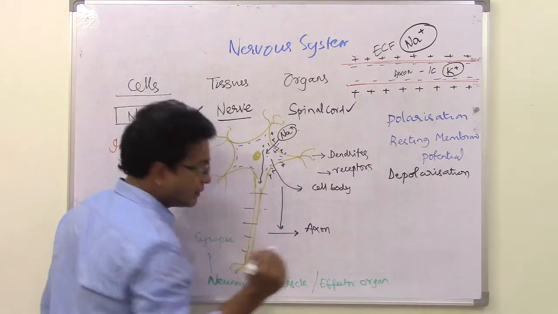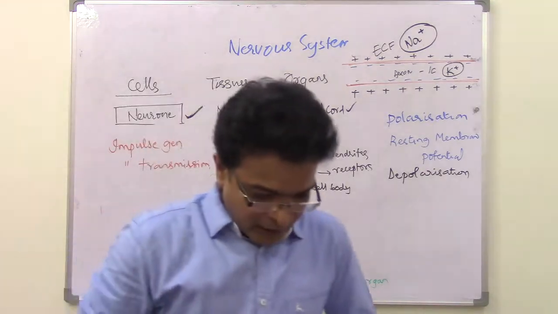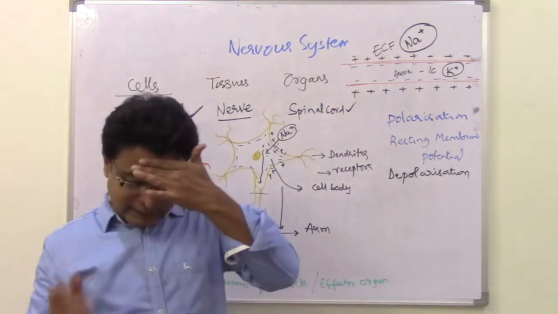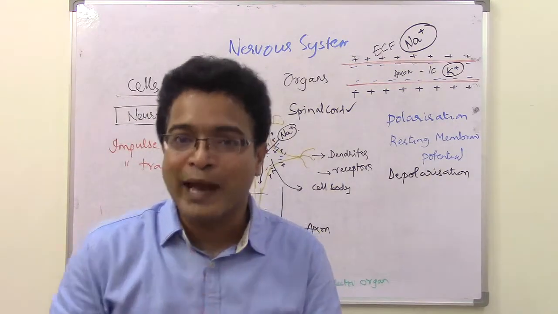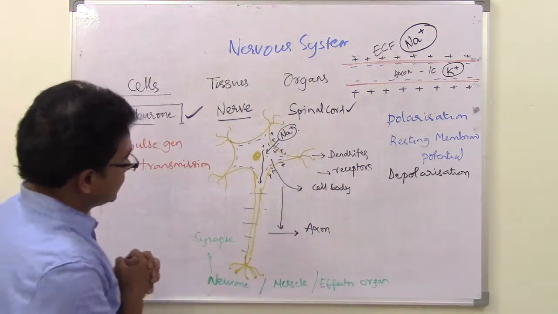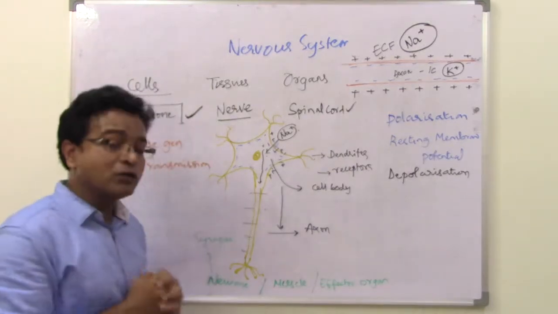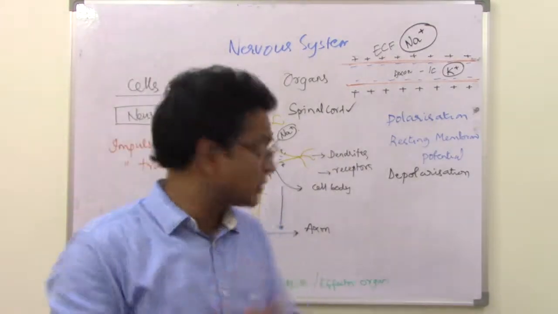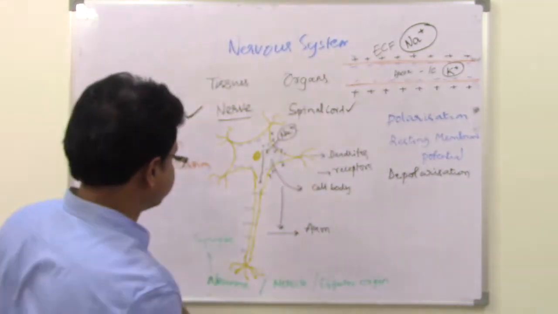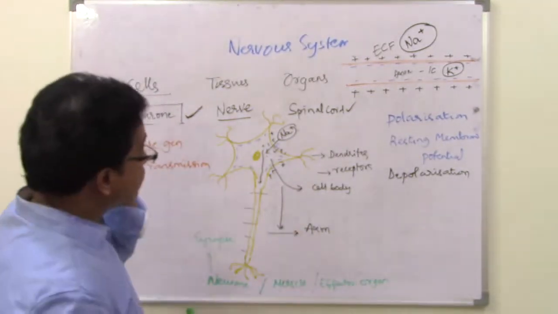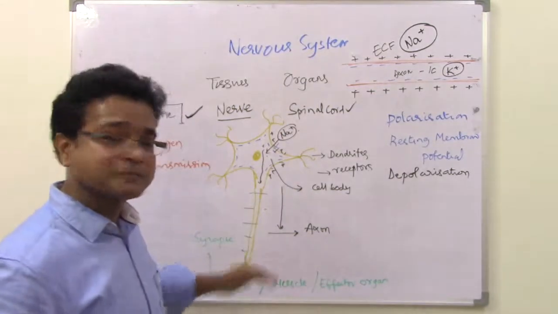Moves in this direction. Now, this is where we need to understand the importance of nodes of Ranvier or Schwann cells. We all know that neurons or the axons are covered by myelin sheath. What is this myelin? How is it helpful in conducting an impulse?